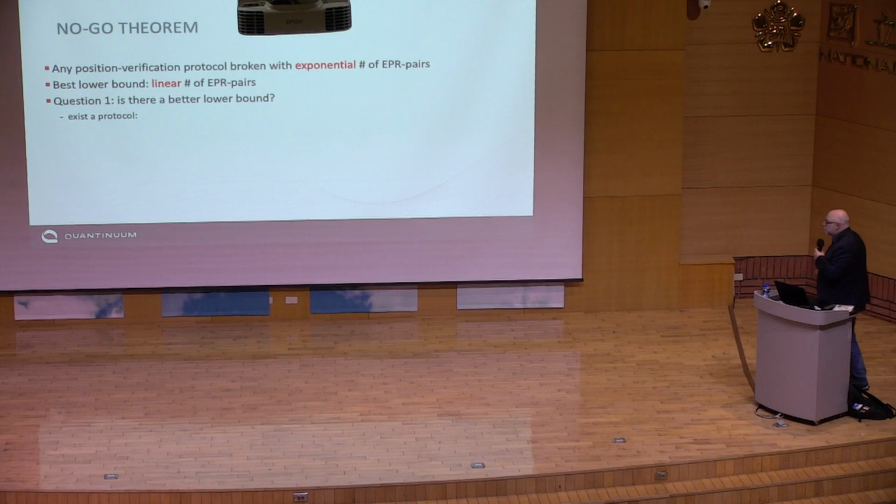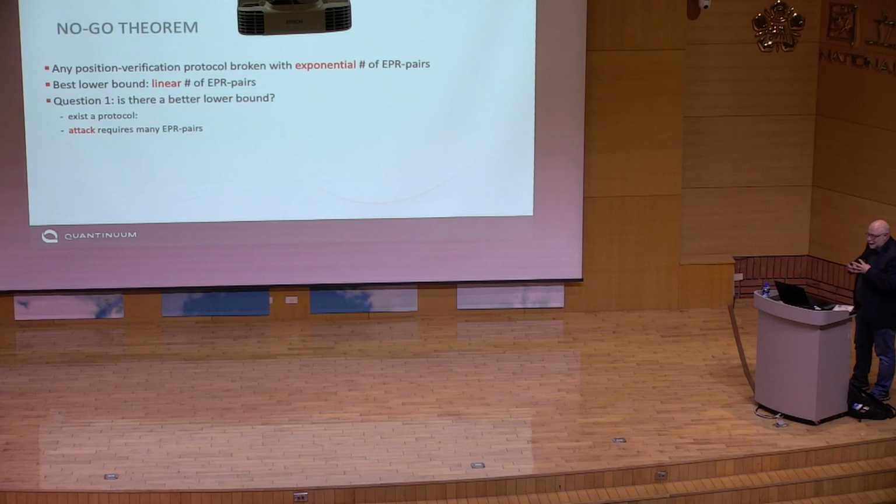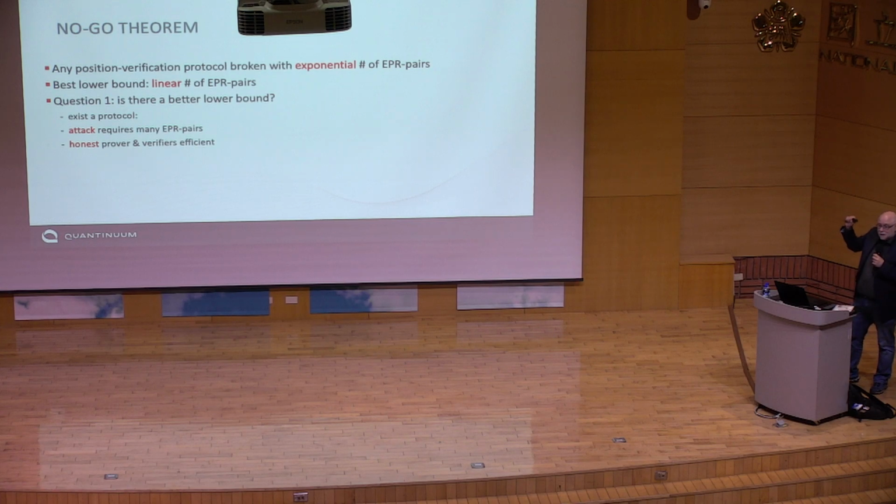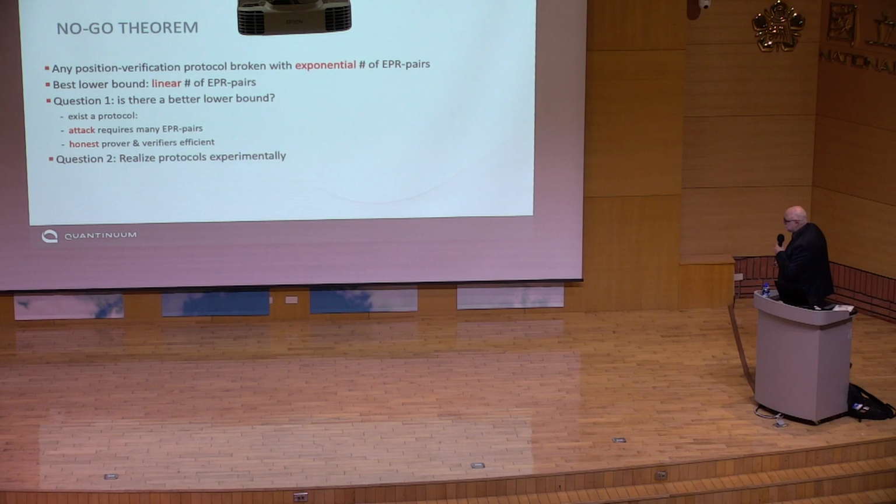So in particular, does there exist a protocol for which the attack requires a lot of EPR pairs, but the honest prover and verifier are efficient? So this is actually something that I believe is the case. And this would be very interesting because this gives you actually in practice a secure position verification protocol using quantum.